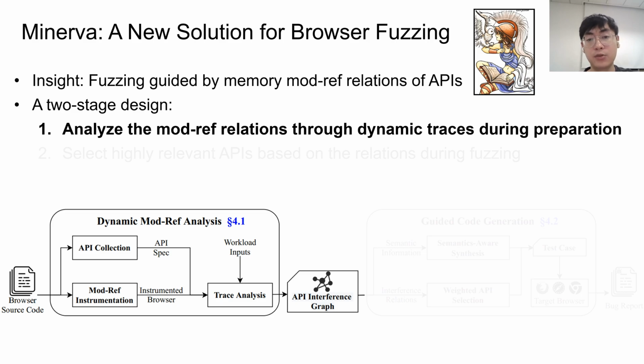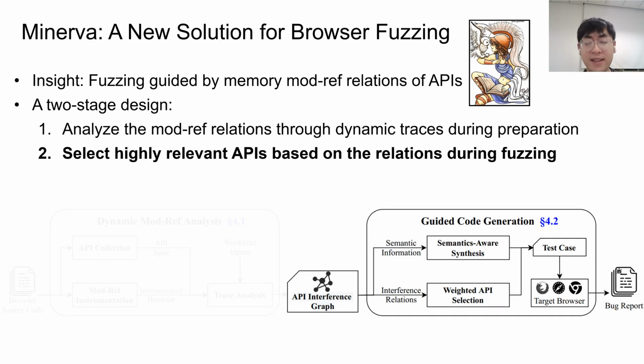First, during preparation, it analyzes the mod-ref relations through dynamic traces. It first collects API specifications and uses a custom instrumented browser to execute some workload inputs to collect traces. And finally, by analyzing these traces, we can know the mod-ref relations between APIs.